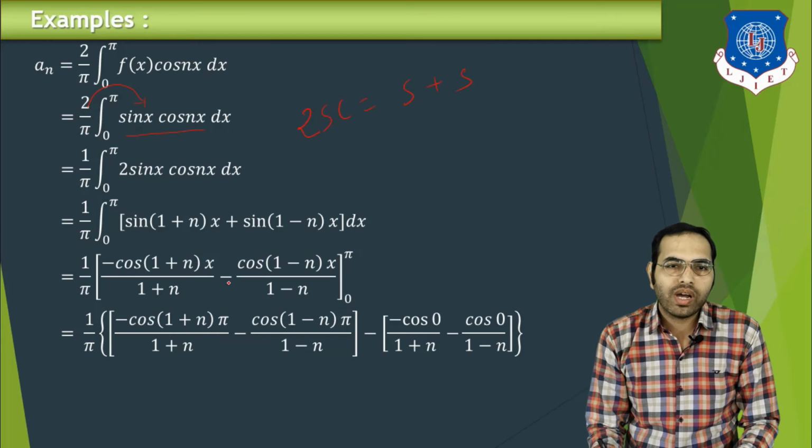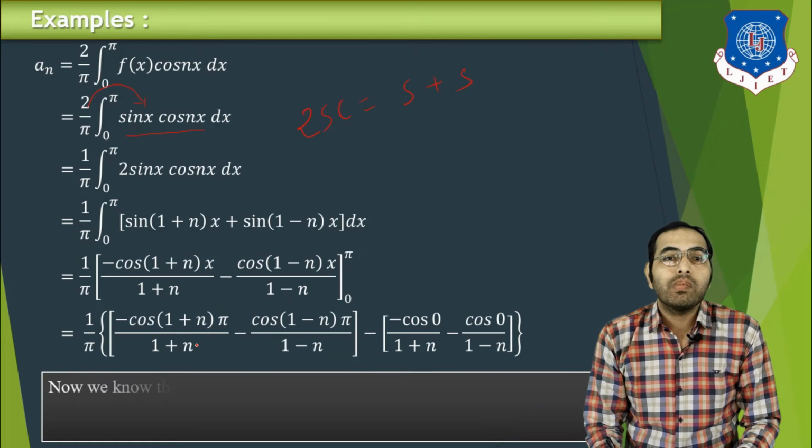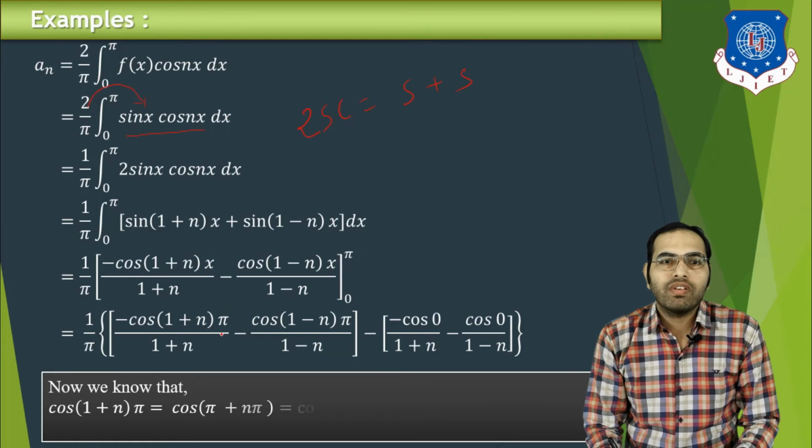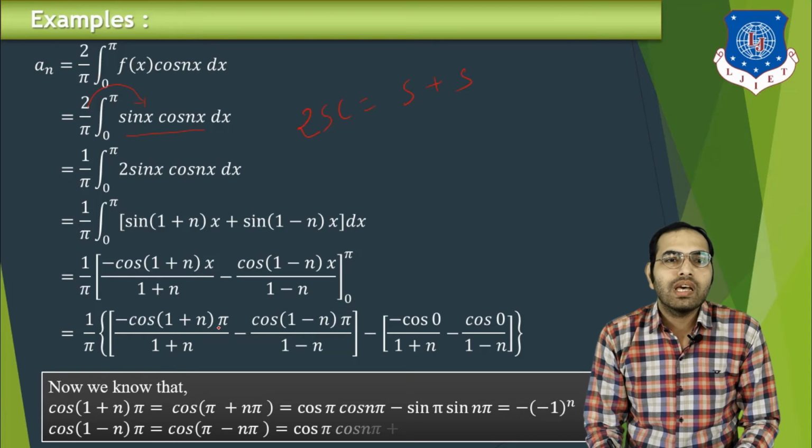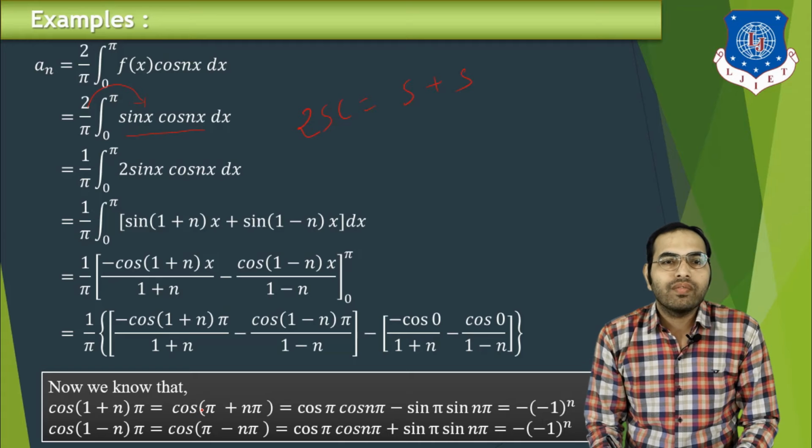The value of cos 0 is 1, and we have the basic trigonometric formulas already learned, cos(alpha plus beta) and cos(alpha minus beta). Pi comes inside the bracket, which gives cos(pi plus n pi). The formula for cos(alpha plus beta) is cos alpha cos beta minus sin alpha sin beta.